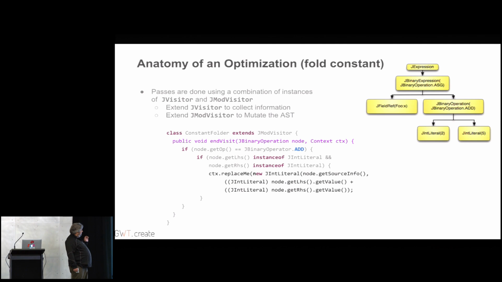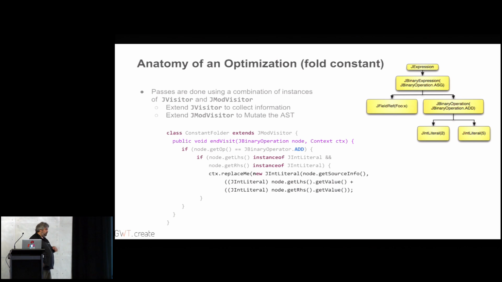When the visitor gets to the binary operation, it matches. It makes sure that both sides are literals, because if they're int literals, that means they are integer constants. And then it creates a new node to replace the binary operation, basically a literal that has the computed value.